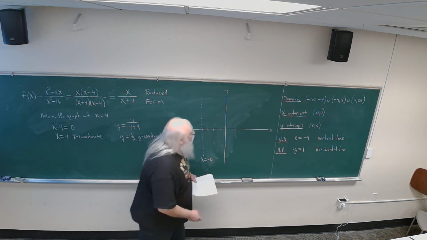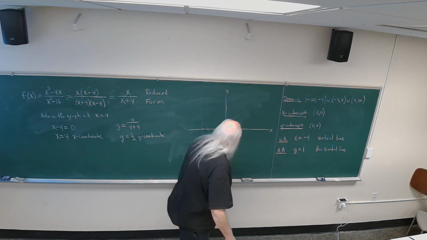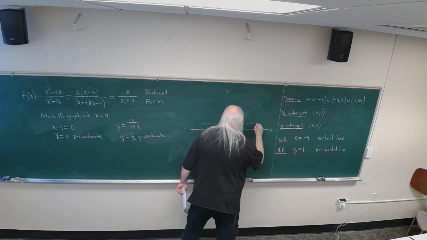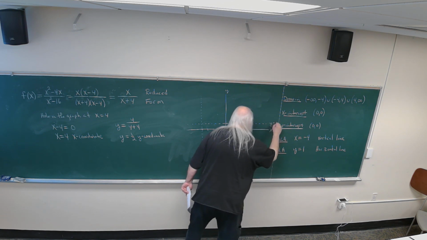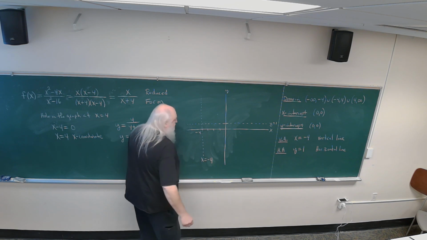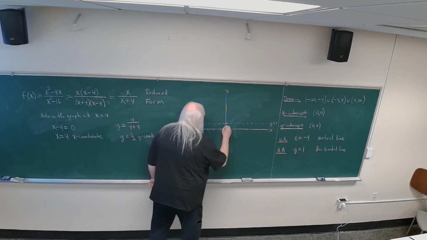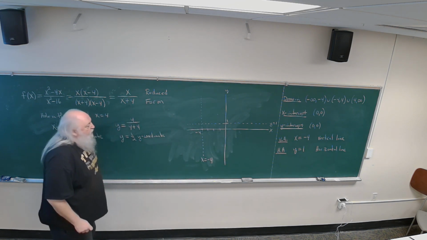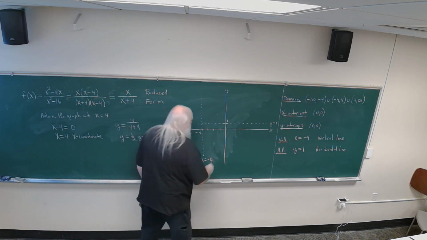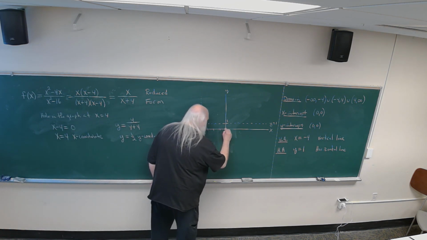And then y equals 1 is a horizontal asymptote. So we draw a horizontal line that crosses the y-axis at y equals 1. So the vertical asymptote crosses the x-axis at -4, and the horizontal asymptote crosses the vertical axis at y equals 1. Now this is the origin, and both the x and the y intercept is at the origin.